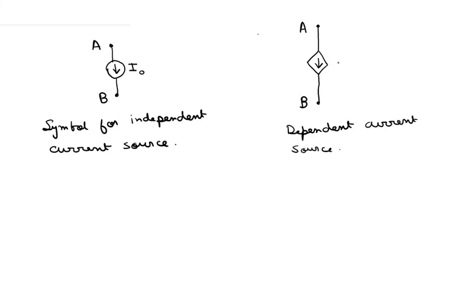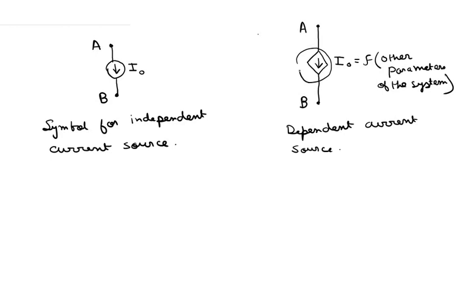So the current I through this current source is basically a function of other parameters in the system, or another parameter in the system, or it may be a function of multiple parameters in the system. So it is a function of other parameters of the system. Okay, for example, the current through this dependent current source may actually depend on some other current.